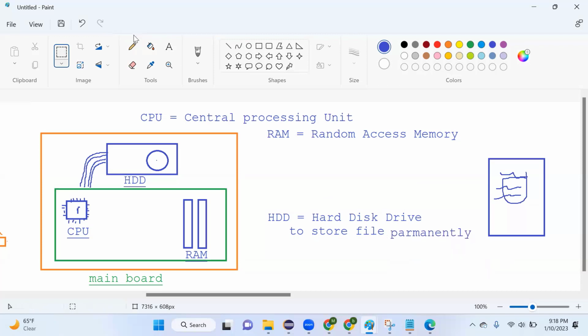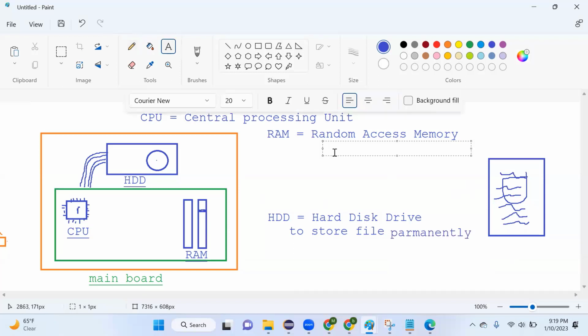When you write these things without saving, that is where it is stored, in the RAM. Inside RAM, in some places. So if I store any value into RAM, it is not permanent.